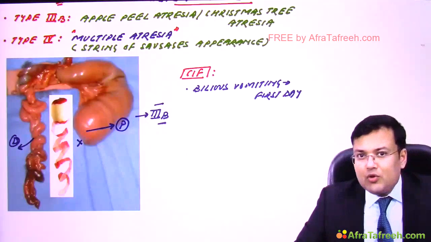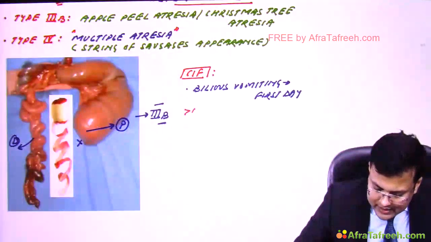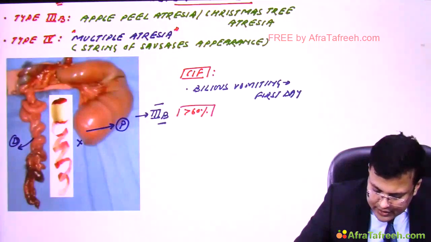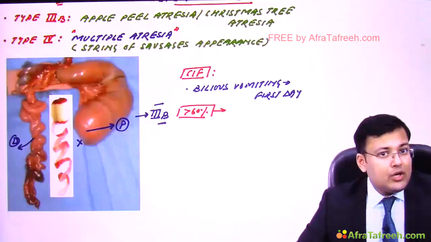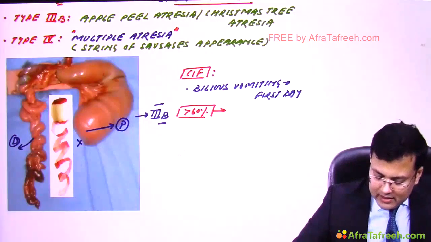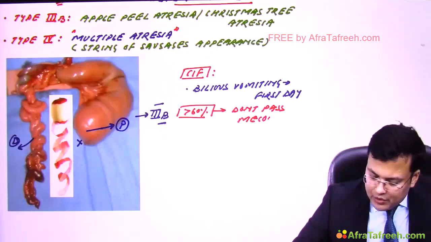Abdominal distension is more common in distal obstruction. See, more than 60% patients of jejuno-ileal atresia, they are not able to pass meconium on first day. So generally, they don't pass meconium.